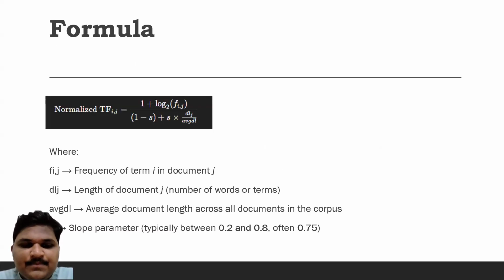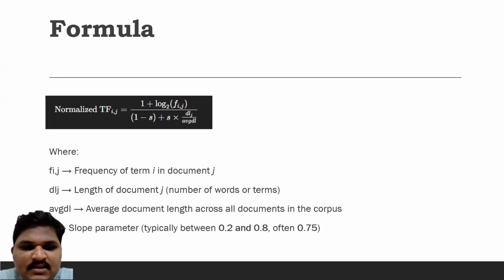Here comes the formula. The formula is 1 plus log base 2 of Fij, divided by 1 minus S plus S times DLj by average document length. Here Fij stands for frequency of term i in document j. DLj means length of document j, which means the number of words or terms.